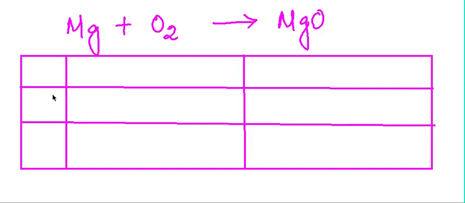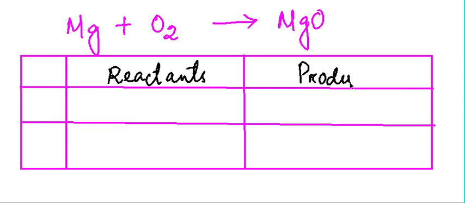So we have reactants over here, then products over here. We have magnesium in the reaction, we have oxygen. So these are the two elements present in the reaction.